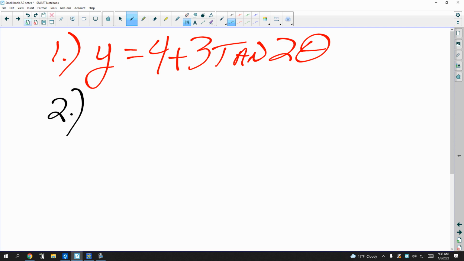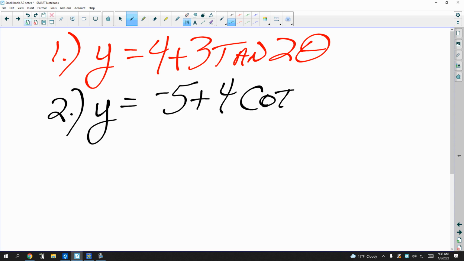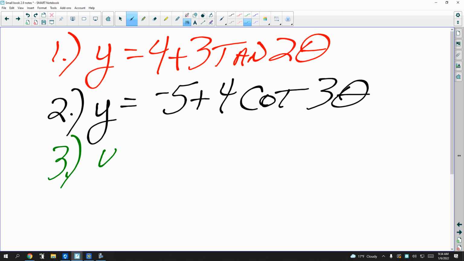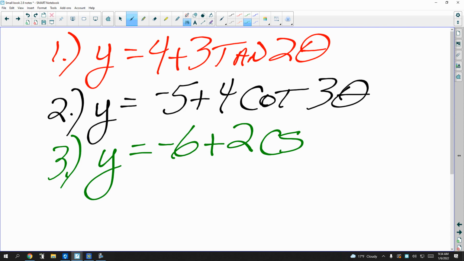Y equals negative 5 plus 4 cotangent 3 theta. Number 3 is the cosecant. Y equals negative 6 plus 2 cosecant 5 theta. Ooh, 5.